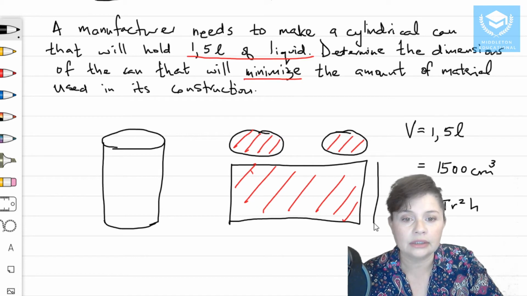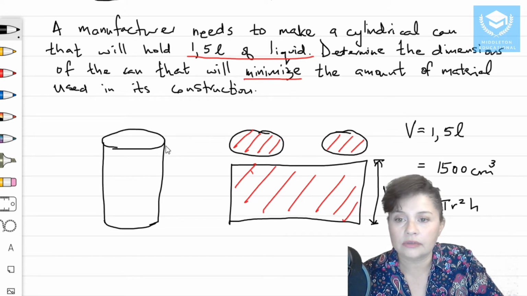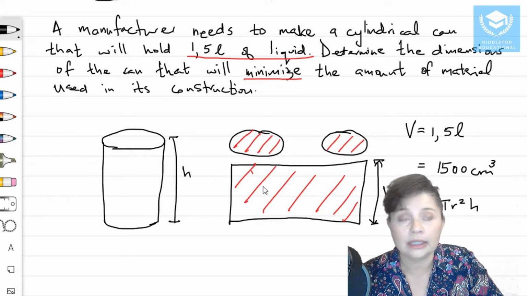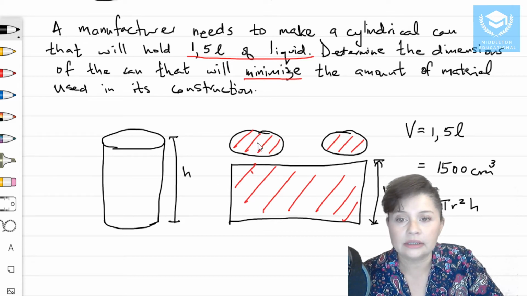And I'm making this piece over here the height of the can. So if I write it over here, that over there is going to be my height. The radius is going to be from there to there. That's r. And it will be the same for both of them. So for that one it would be r.